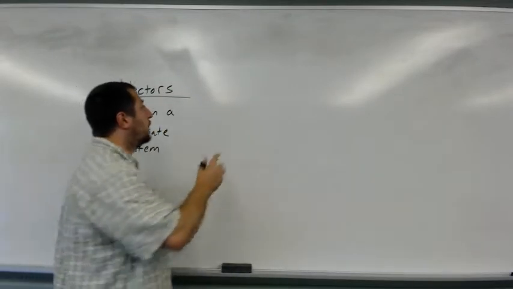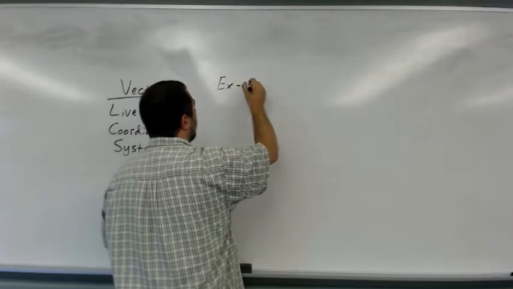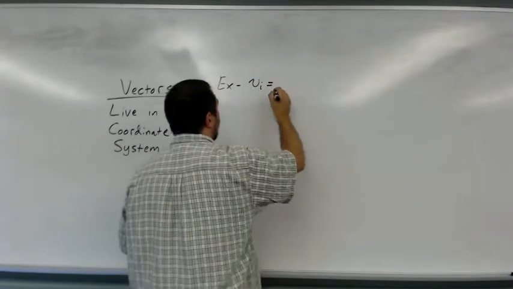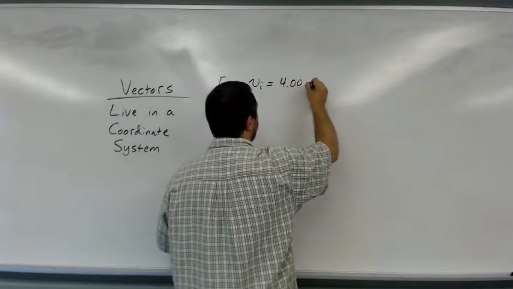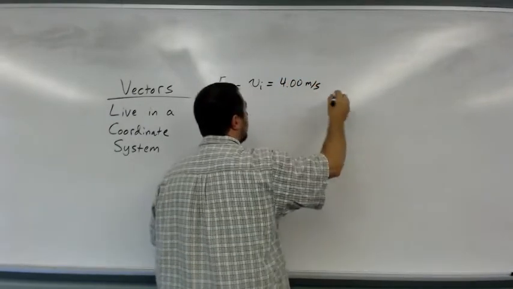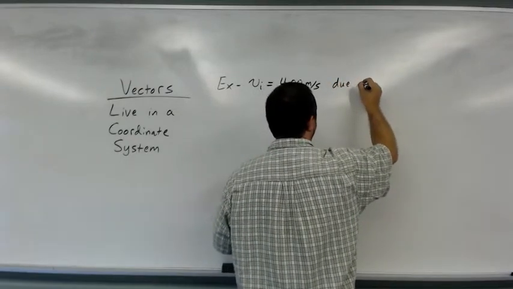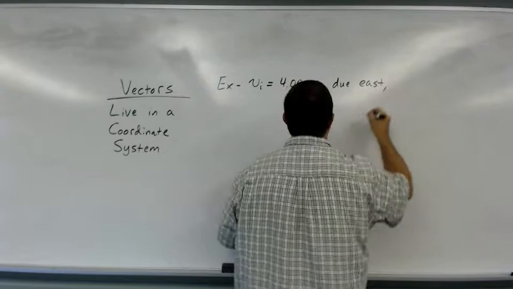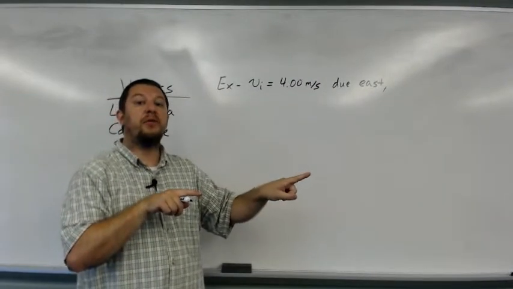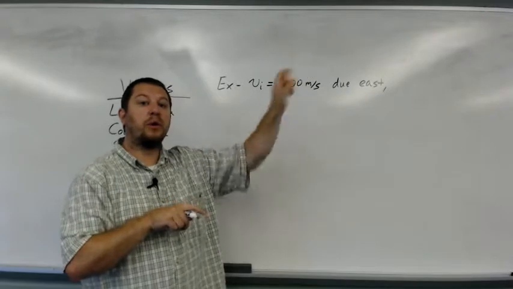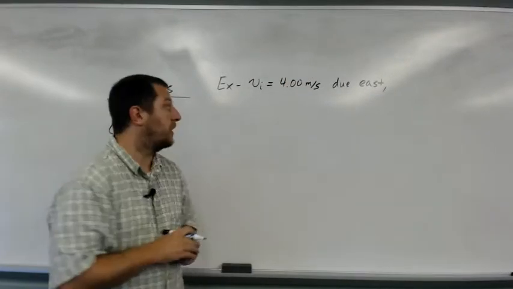So now, for example, let's say we have an initial velocity of 4 meters per second east. So you're traveling in the eastward direction, and then you turn and go north, and then you're traveling at 3 meters per second.